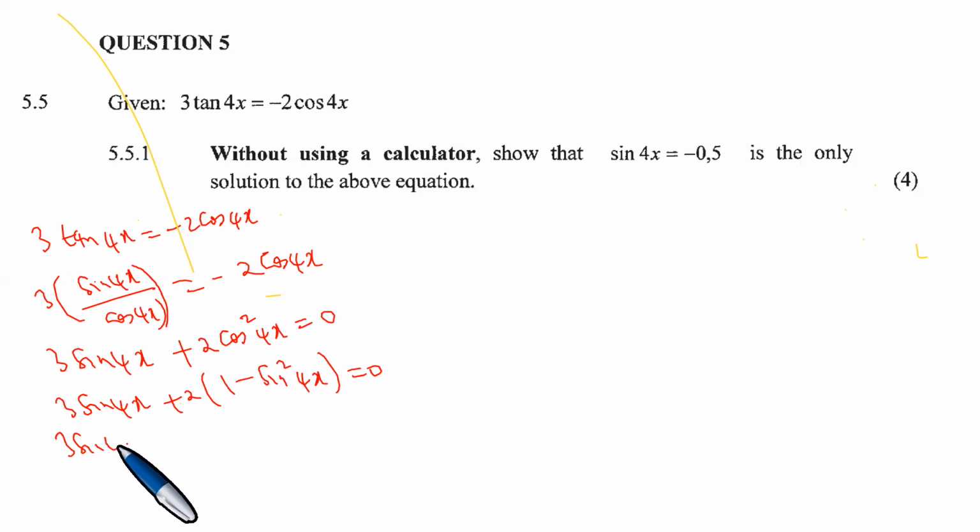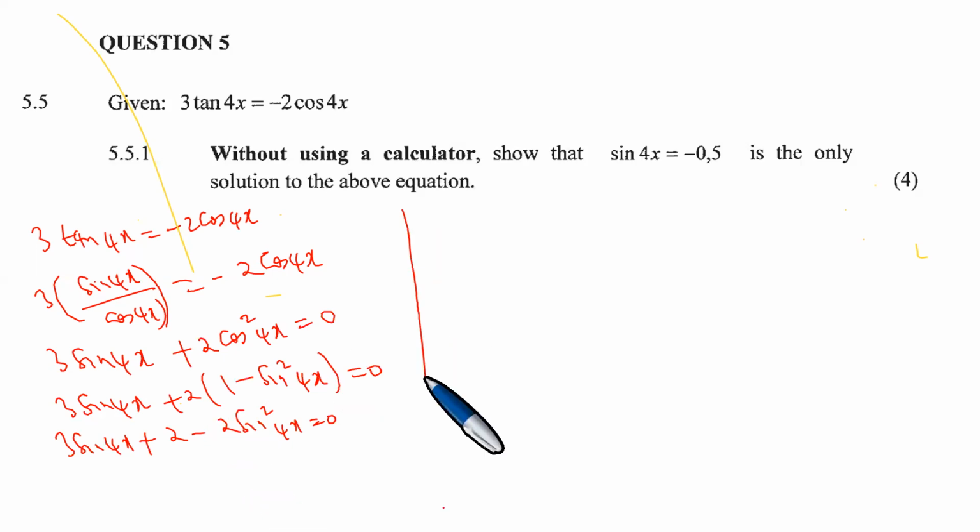3 the sine of 4x plus 2 minus 2 the sine squared of 4x. So what is this here? You can divide the board like this. So what we have achieved, therefore, is that we have 3 into the sine of 4x.